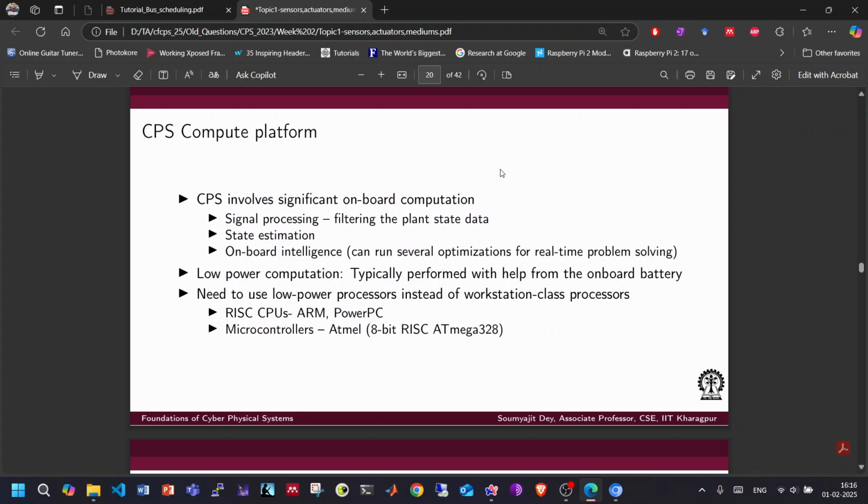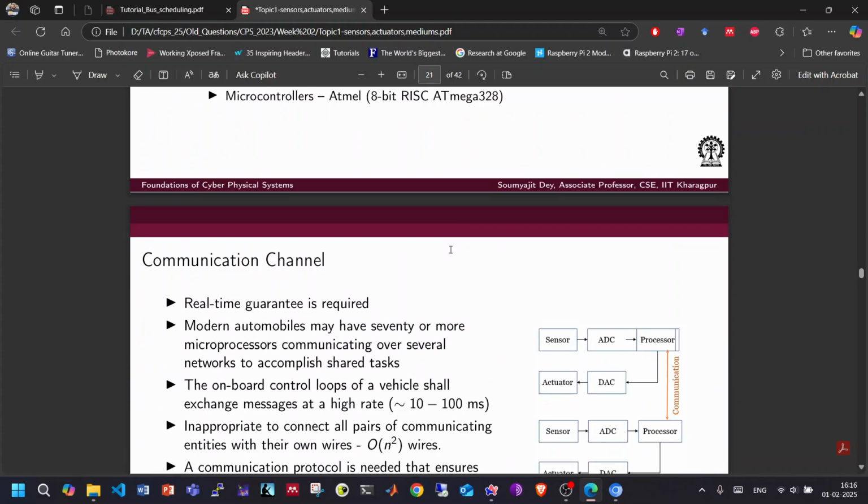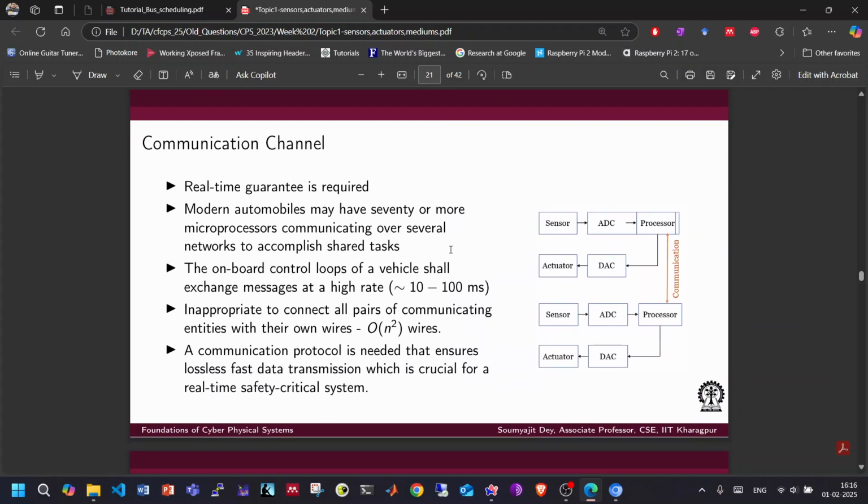So nowadays all vehicles have that, and they are connected with certain communication protocols. From the sensor you get the data, you sample the data using the sensors. Whatever you do in computation, we cannot do continuously.